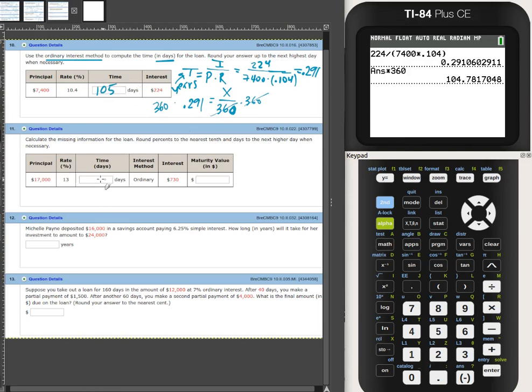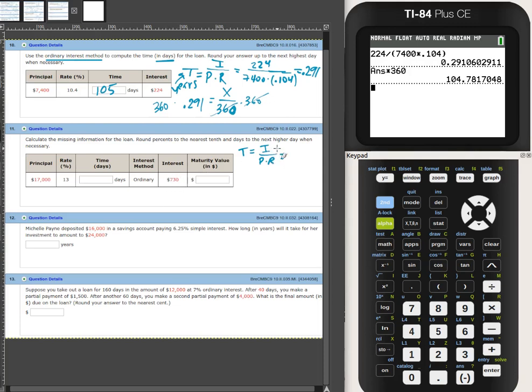And we have, in this case, another chance to calculate the number of days for this loan. It's going to be very similar to the problem that we just did. We have percents, which is not going to be applicable for us. Days should be to the next highest day. So let's just get going with it. The time is going to be the interest on top and the principal in the denominator times the rate.